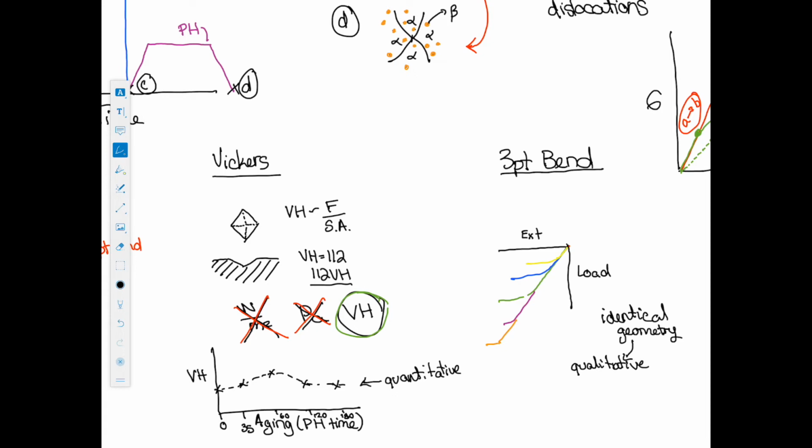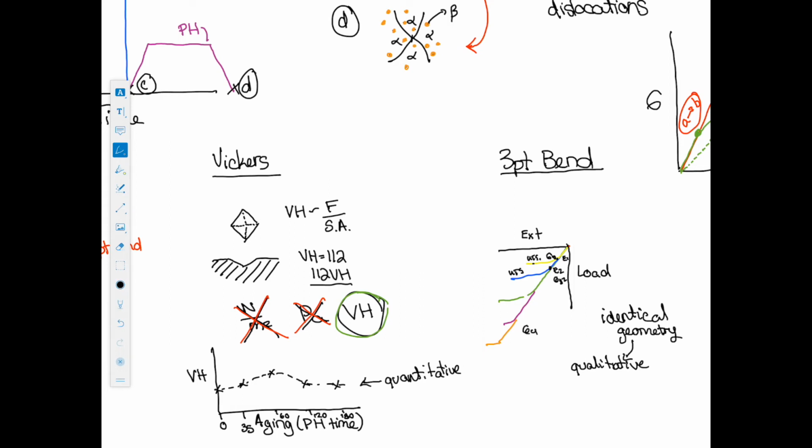So if yellow is curve 1, and we have a yield 1, and maybe a UTS 1, and then I'm going to have blue. I'm going to have E2, my yield 2, and then maybe a UTS 2, and so on.